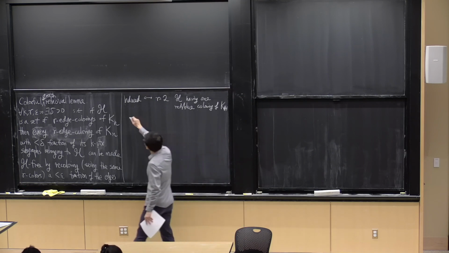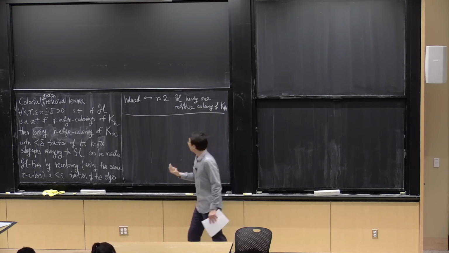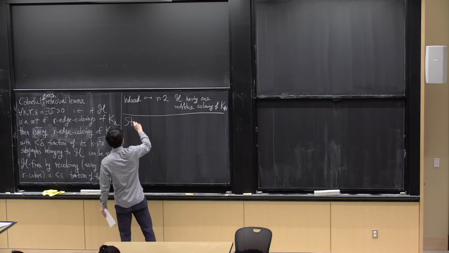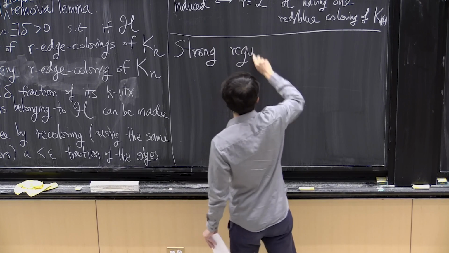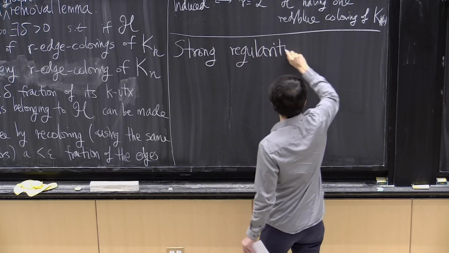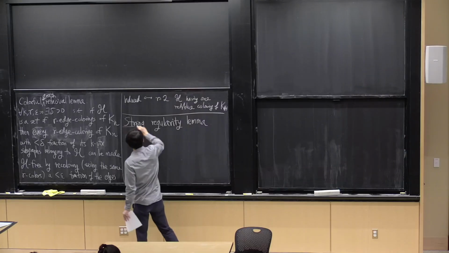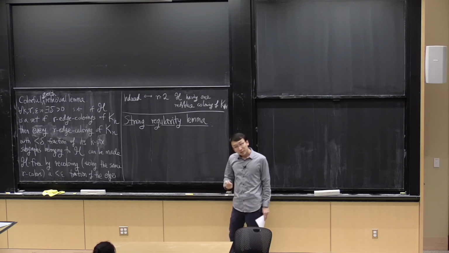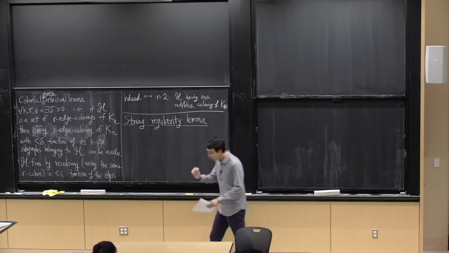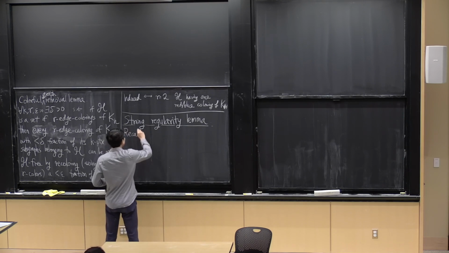Okay, so the variant of the regularity lemma that we'll need is known as a strong regularity lemma. To state the strong regularity lemma, let me recall a notion that came up in the proof of Szemerédi's regularity lemma.